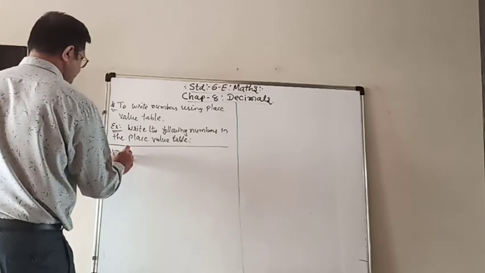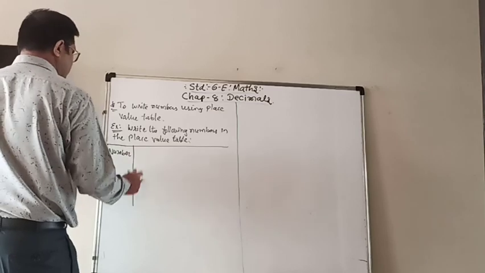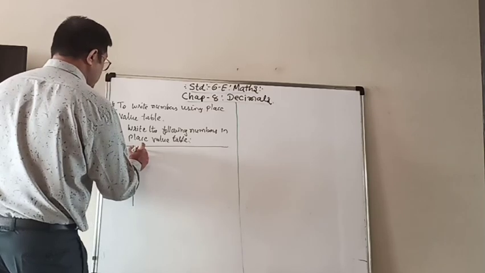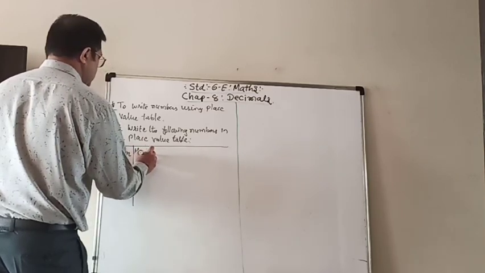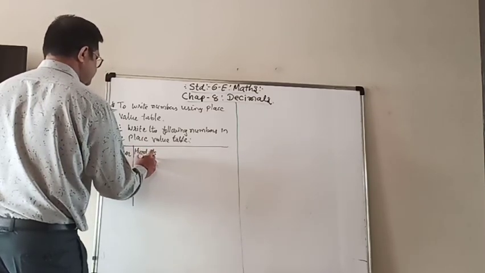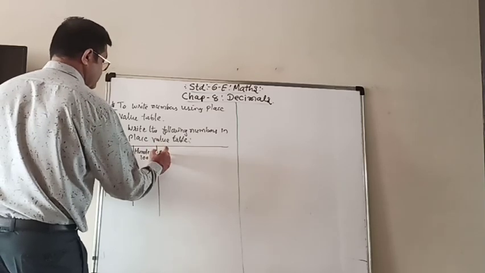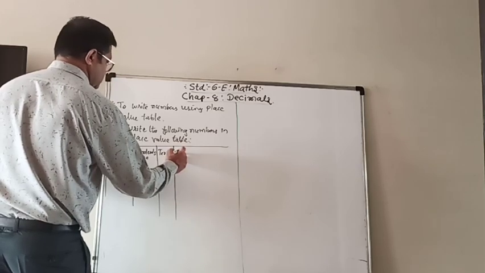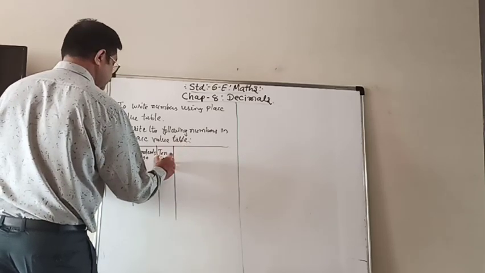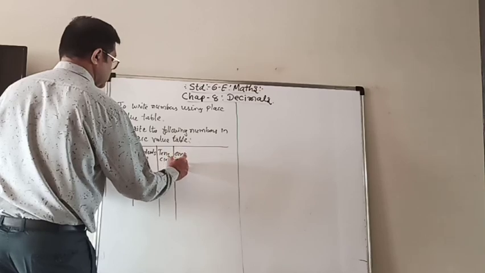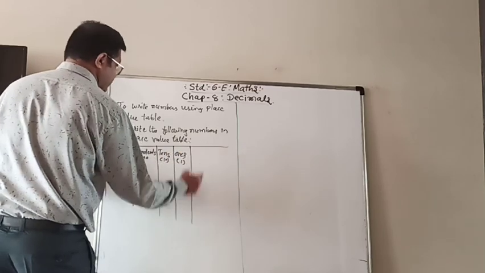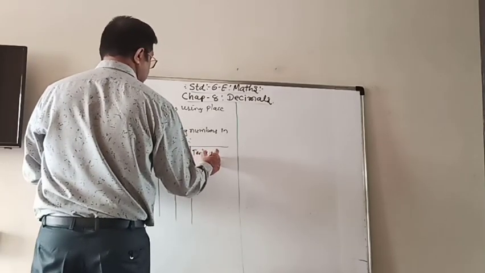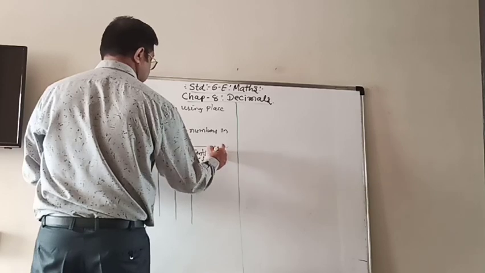First, we will not take big numbers, so we can take only up to hundreds. Hundreds, then tens, then ones, and then the tenths, because now we are learning about the tenths also, meaning 1 upon 10.